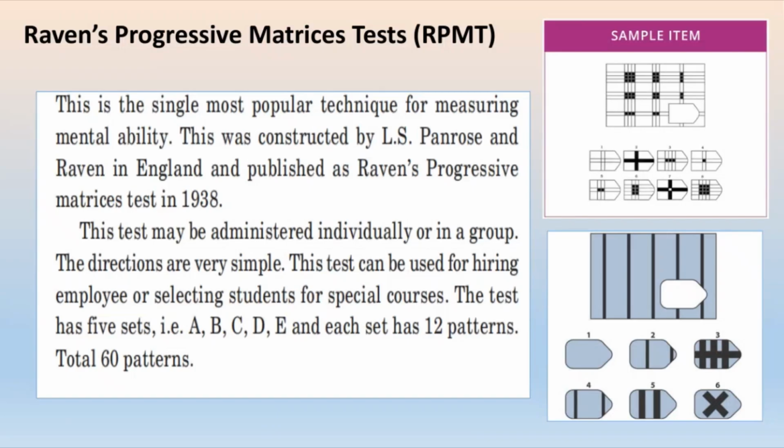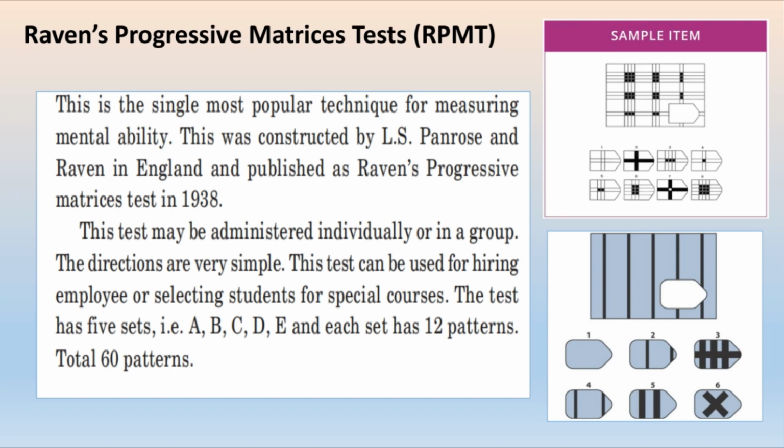Now, let's talk about Raven's progressive matrices test, often referred to as RPMT. These tests are designed to measure abstract reasoning and are considered a good indicator of general intelligence. What makes RPMT unique is that it's a nonverbal assessment, relying on visual patterns instead of language skills, which means it can be used across different cultures and languages without bias.